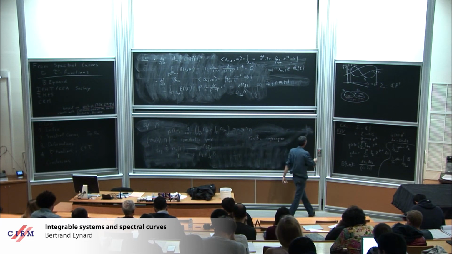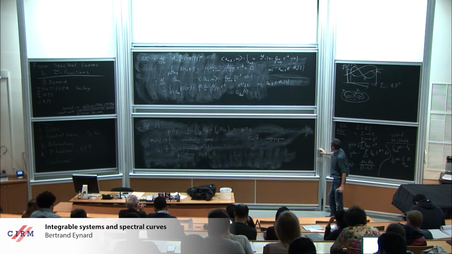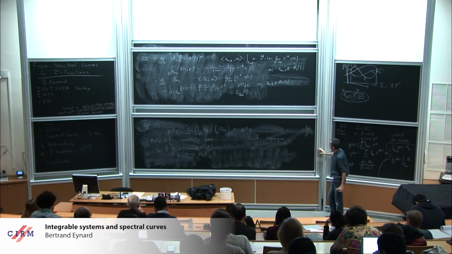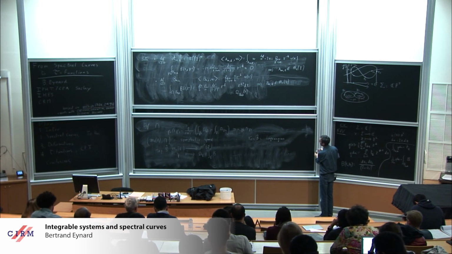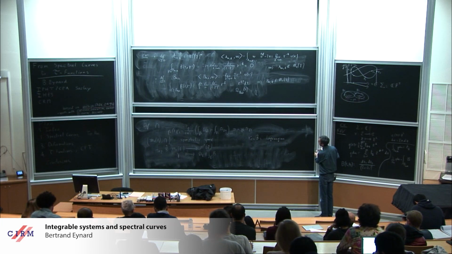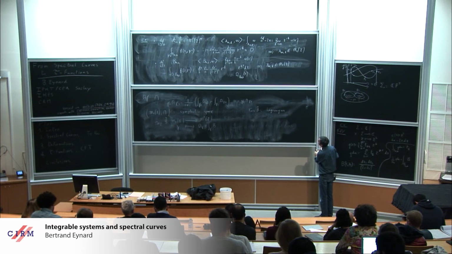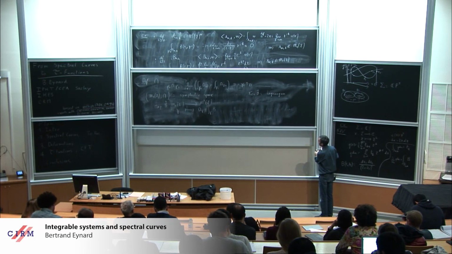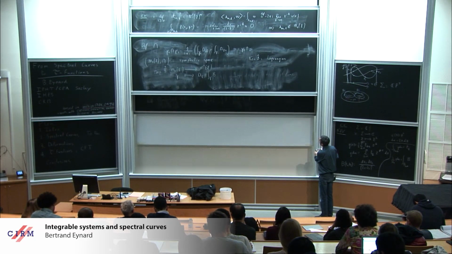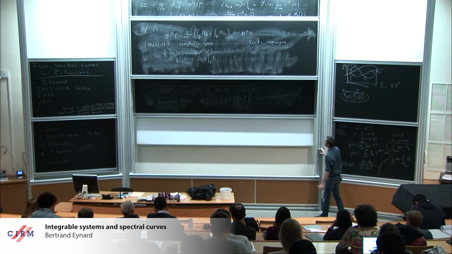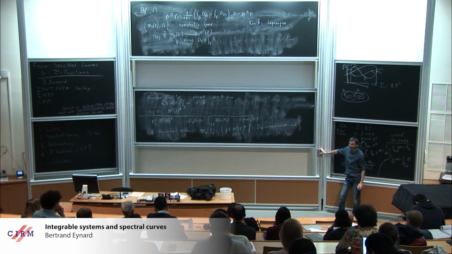Okay, so why was it useful to do that? I started by saying we shall study deformations. I said that deformations are related to d over dtk of y dx.